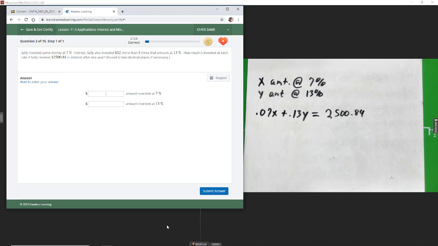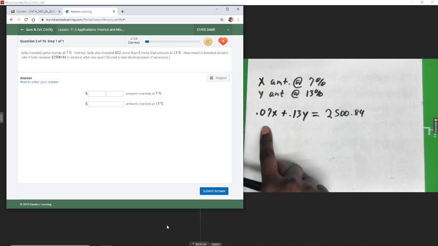Now the first sentence says she invested some at 7%, and then she also invested 5 times that amount plus 52 at 13%.